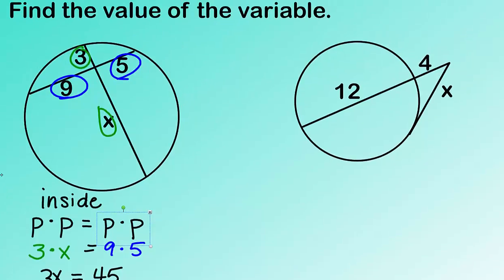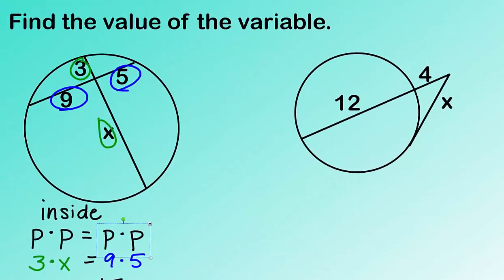And the second one, my intersection is outside of the circle. So I'm going to use ow, ow.